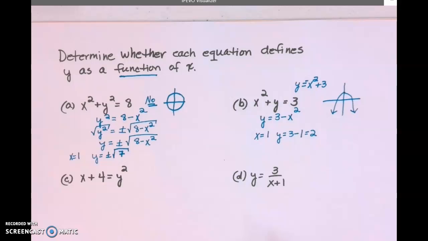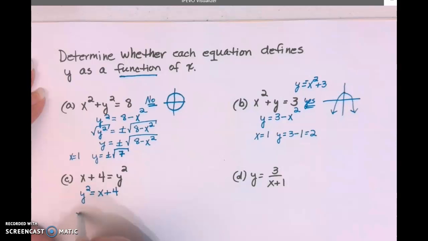Part C, I'm going to turn this around first so that I have my y squared on the left. So I'm not changing anything except rotating around on an axis going down through the equal sign. I have y squared. I want y. So again, I'm going to take the square root.